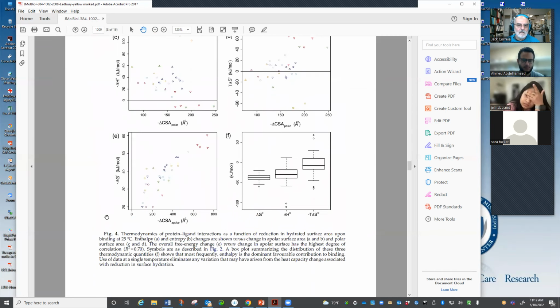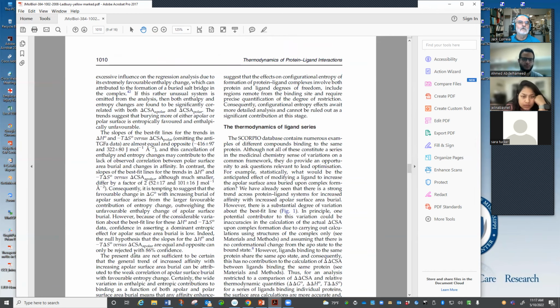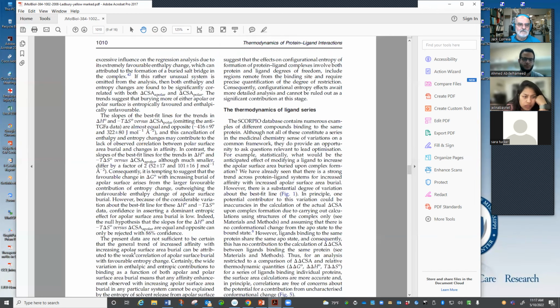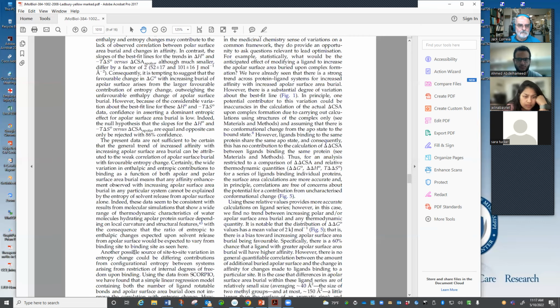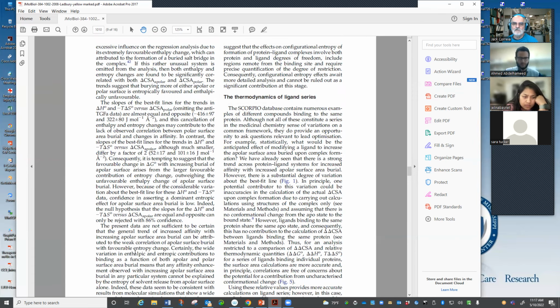And then this one down below, E, the overall free energy change in apolar surface has the highest degree of correlation with 0.7. And this again is some subset of data that I don't remember where they got it from. And so the trend is just not there. The discussion of this, I haven't marked a lot of things here.